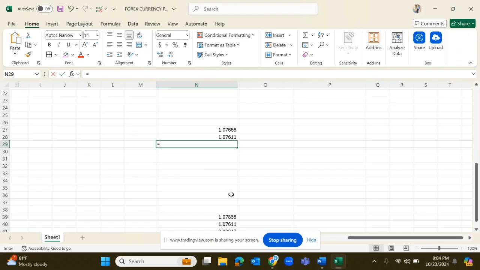Now, if you look at the difference between these two prices, if we subtract this minus this, you see something like 0.00055 as the difference between these two prices.